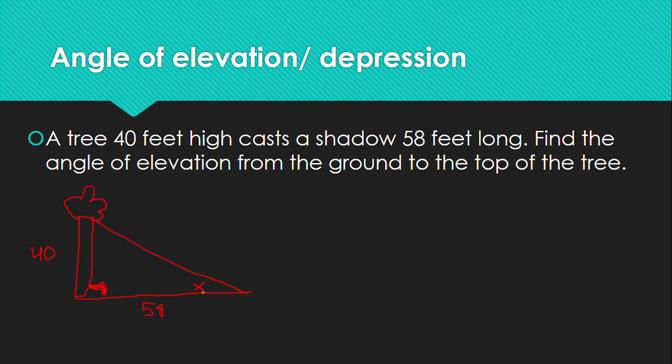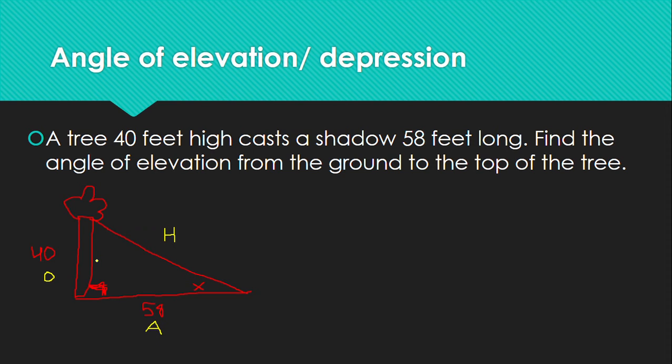If it says the angle of depression, it's the same thing. It's always this angle right here. So if I'm going to find this angle, that's a missing angle problem like we did on the last slide. So I'm going to label OAH. Across from the right angle is H. Across from angle X, this 40, that's O. The other side is A.